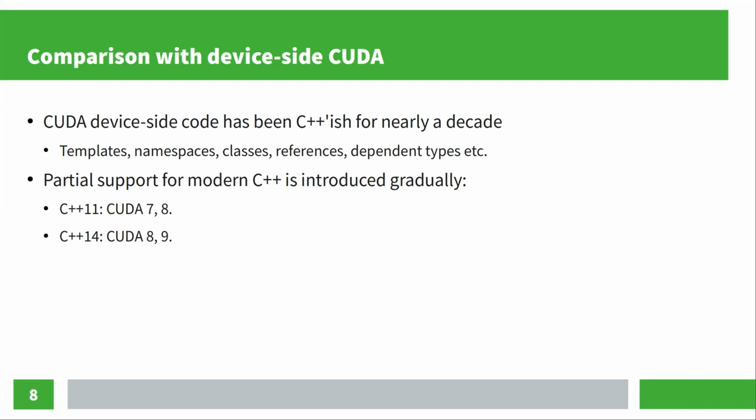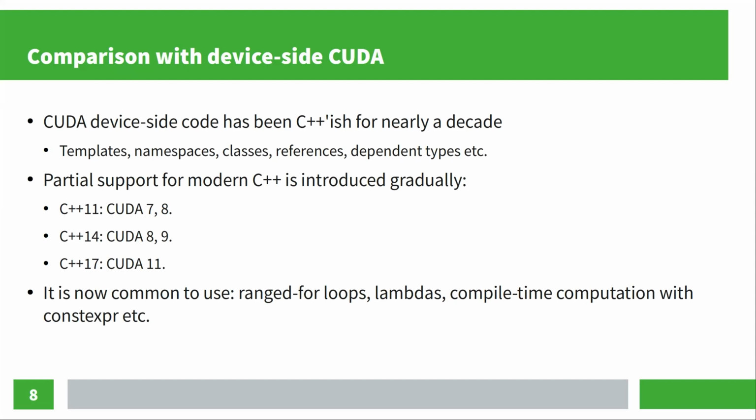Over the past few years, the latest version even has some C++17 features, and that means that by now you might already be used to, when writing kernel code, using ranged for loops or lambda functions, or doing more of your computation at compile time, which is actually pretty useful in terms of performance.